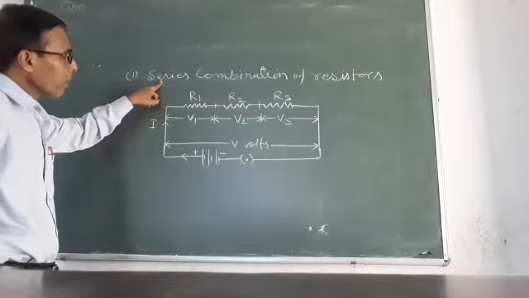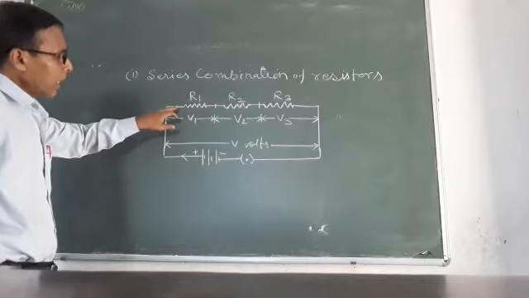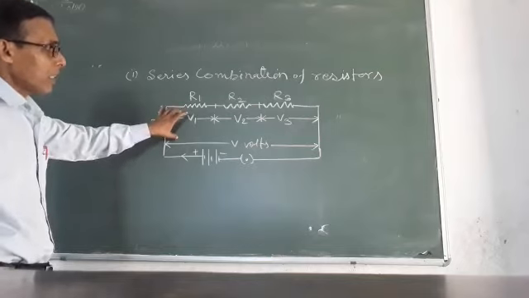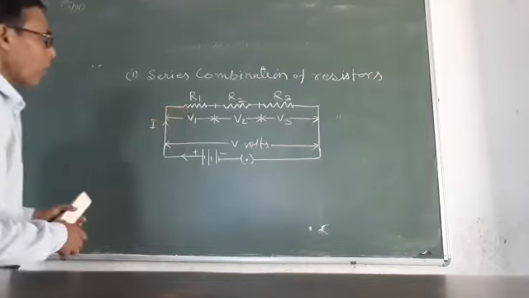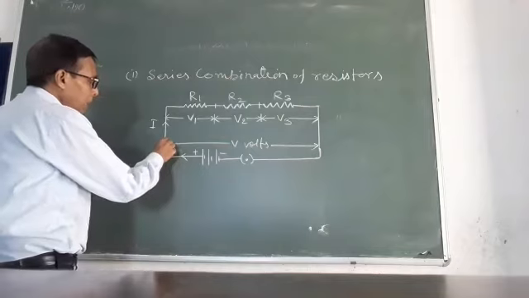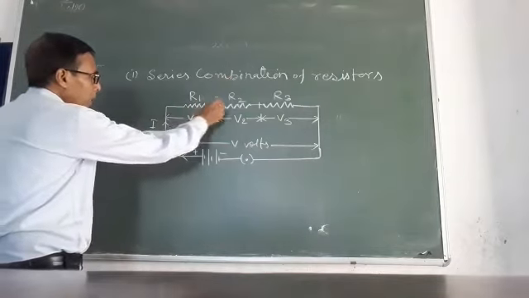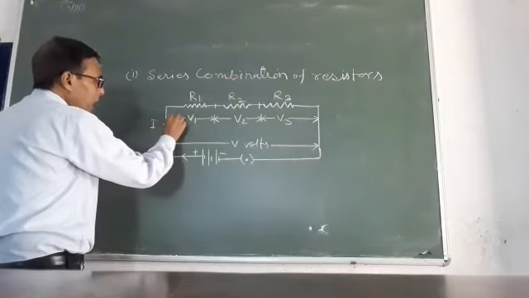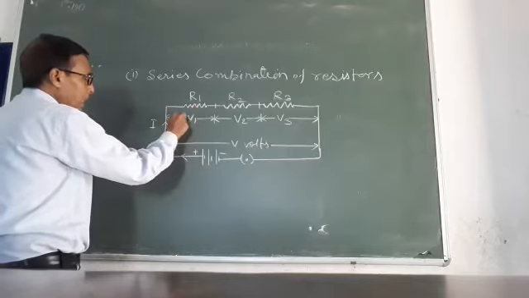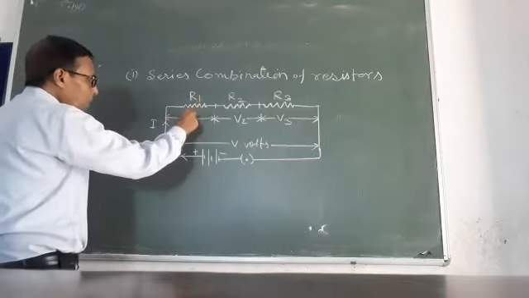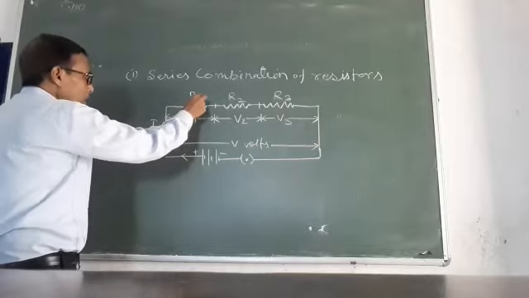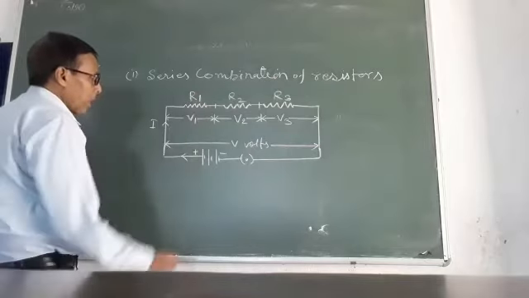In another way, if the current flowing through each part of this circuit is the same, then the combination of resistors is said to be a series combination. In series combination, current flowing through each resistor will be the same, but the potential difference across each resistor will be different. In series combination, the potential difference is directly proportional to the resistance of the resistor.